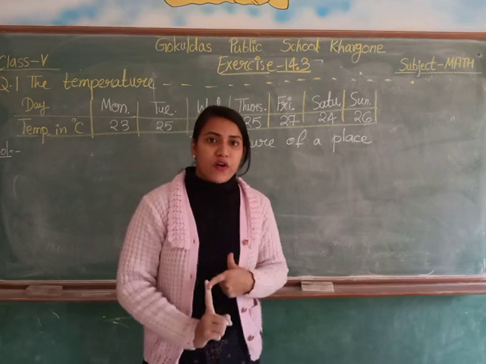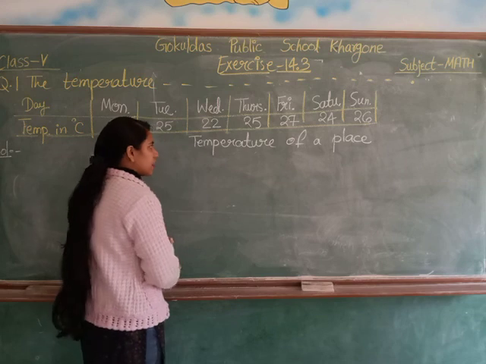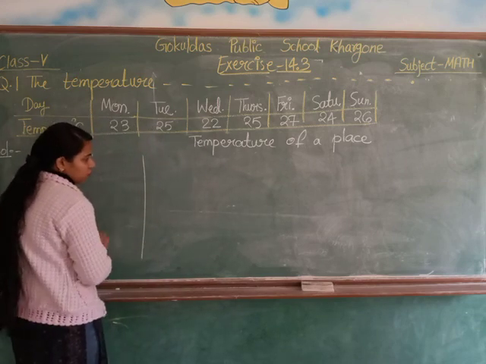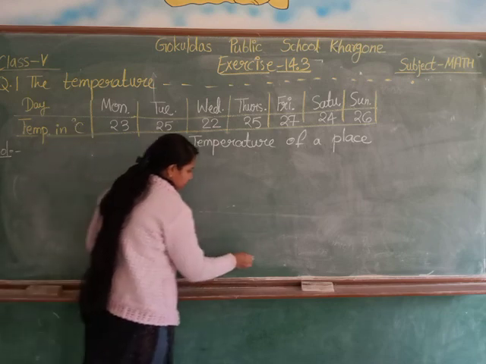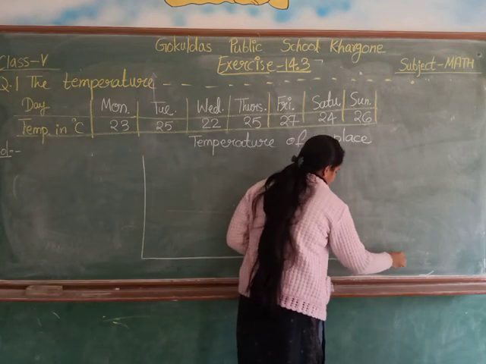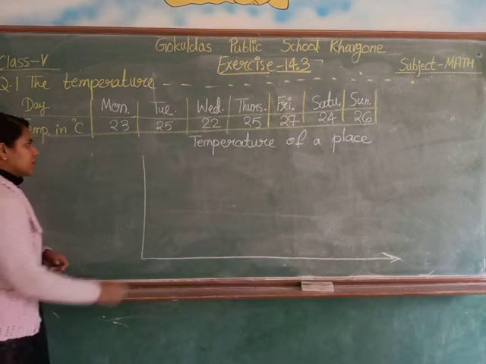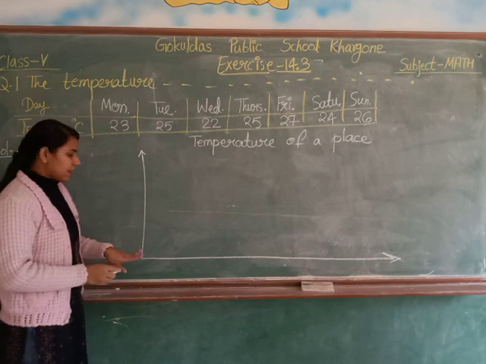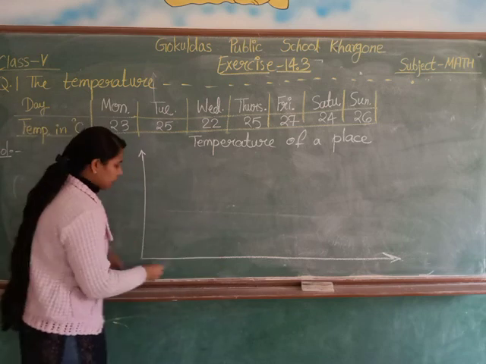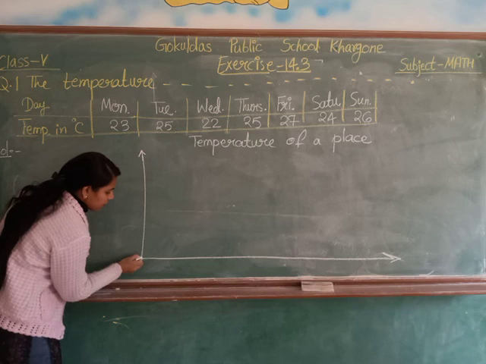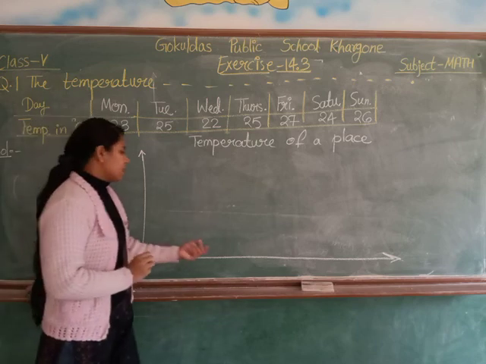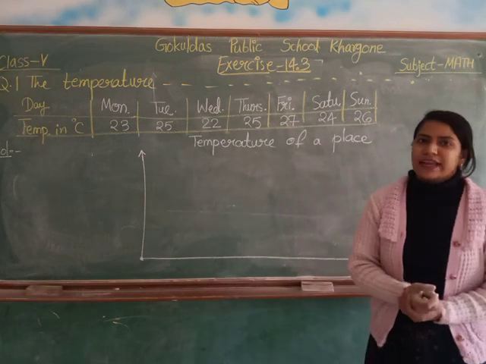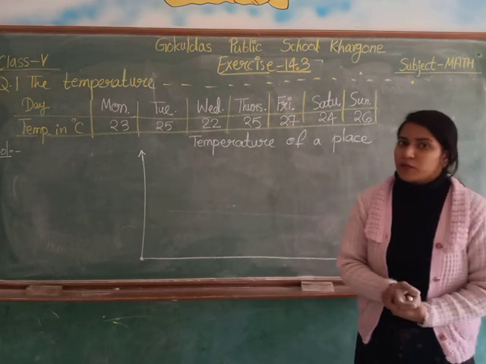The next step is you will draw a horizontal line and a vertical line, which are meeting at a common point. Now on the horizontal axis, what do we write? We write time duration or days, as I told you before.